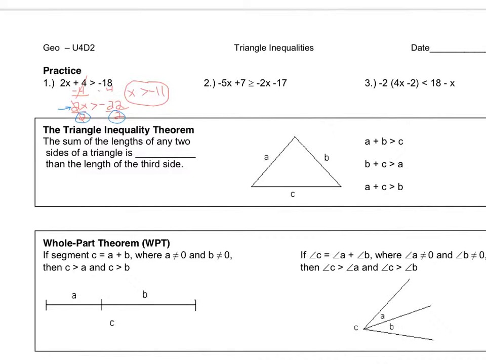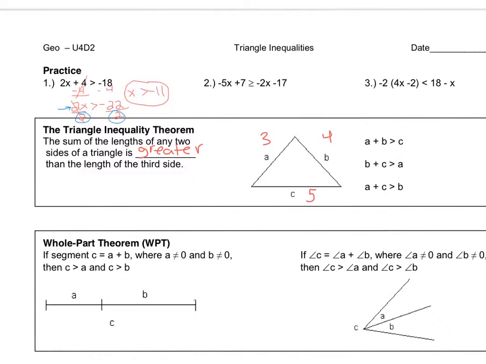The sum of the lengths of any two sides of a triangle is greater. And I apologize for the precision of my stylus. So the sum of the lengths of any two sides of a triangle is greater than the length of the third side. So as an example, if we had a triangle with sides 3, 4, and 5, hopefully we're at least a little bit familiar with our 3, 4, 5 right triangle.